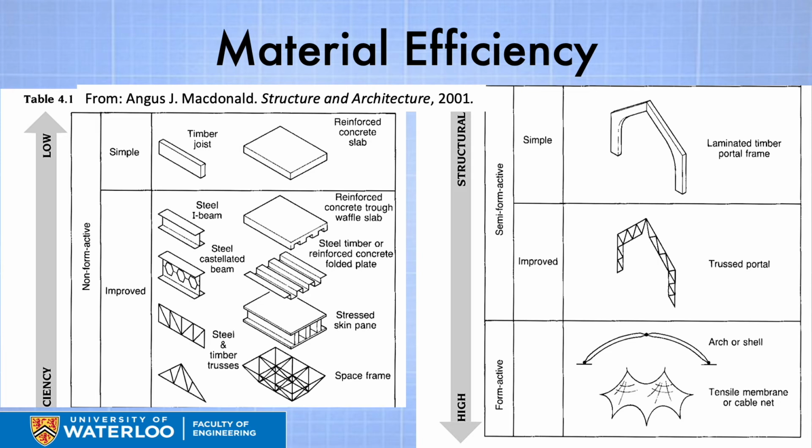So at the very simplest level, we have solid joists and slabs as being not the most material efficient, but inexpensive to build, and they don't require as much design time. And then as we move through, we start to see things like I-beams with holes in them.